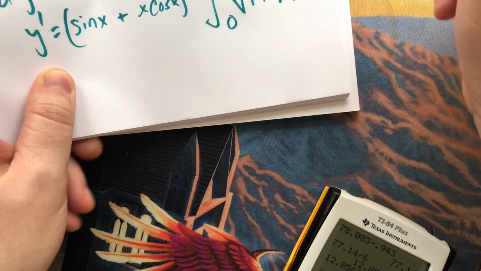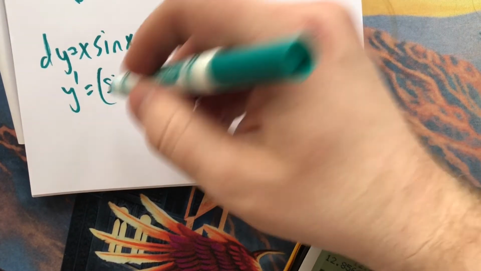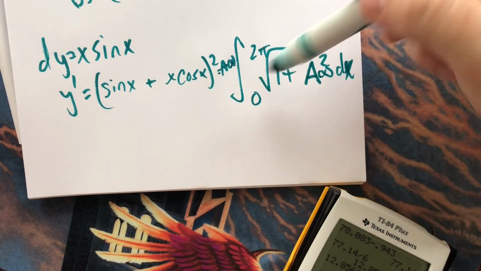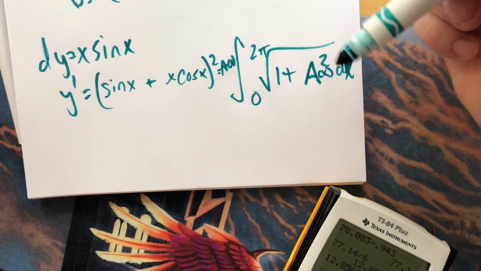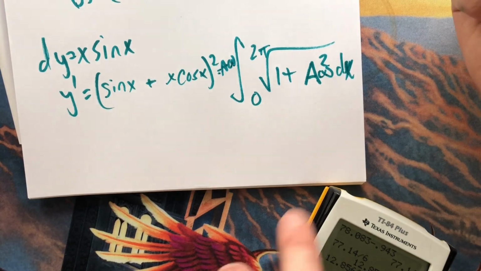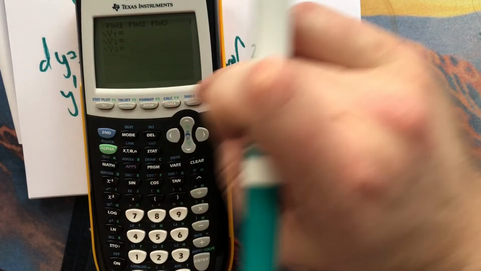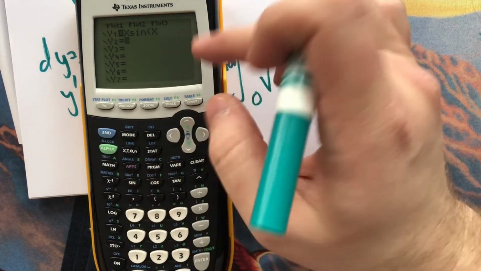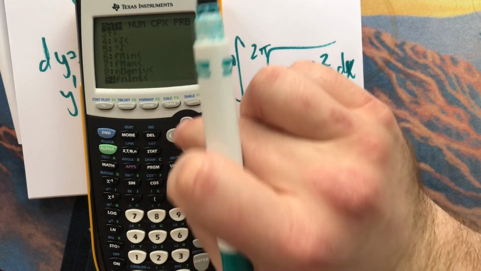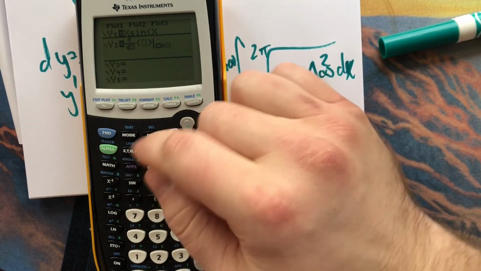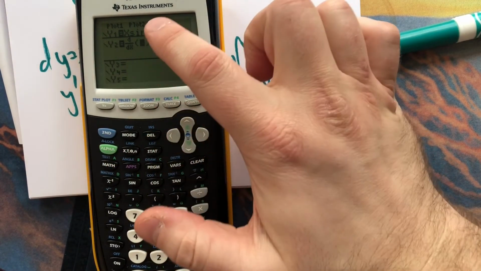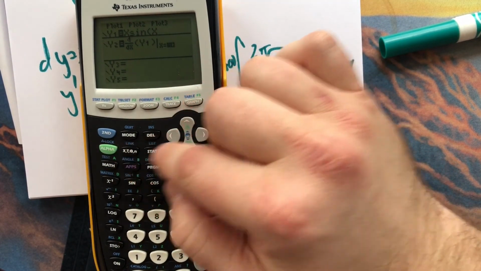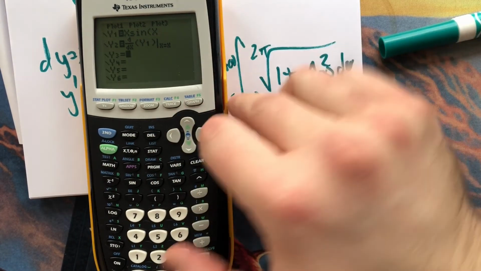Here's the cool thing. I'm going to call this a of x, so I would only have to write that instead of a big mess. But in my calculator, x sine x is our original function, right? Then I can make y2 its derivative. So d dx of our original function. Here's where this is awesome.